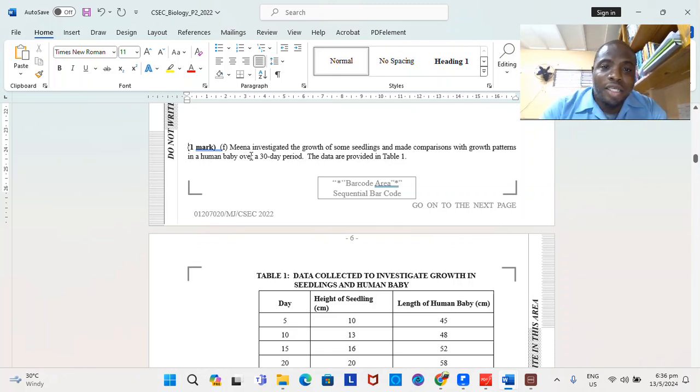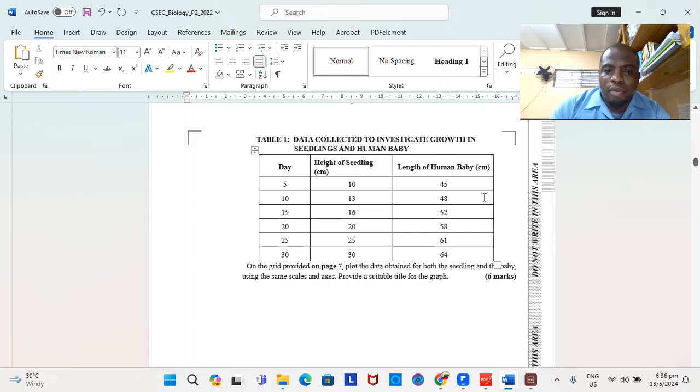Mina investigated the growth of some seedlings, and made a comparison with growth patterns in a human baby over a 30-day period. The data are provided in table 1. So when we look at table 1, we're seeing the information.